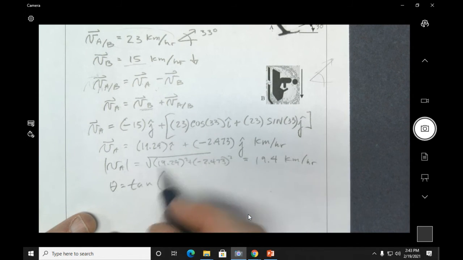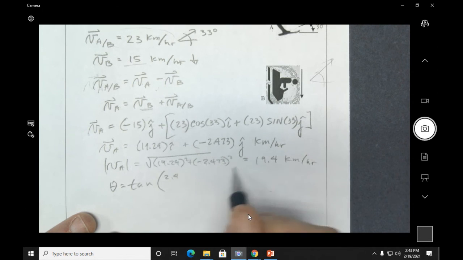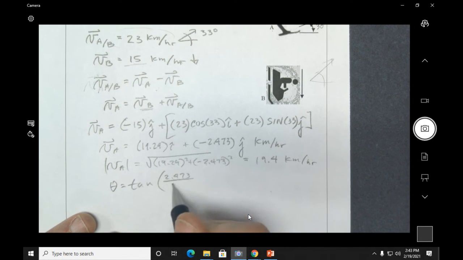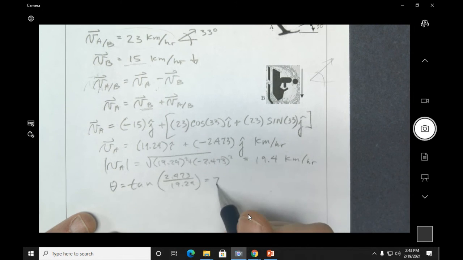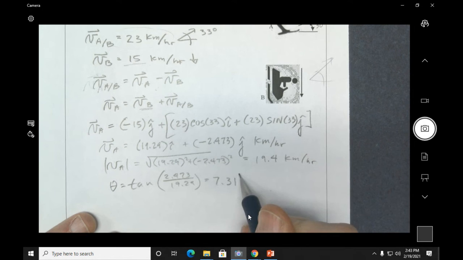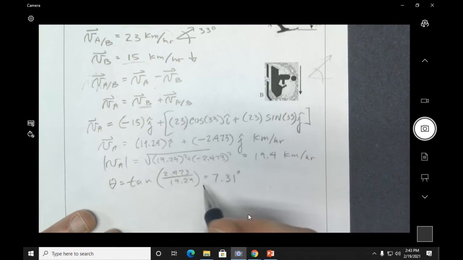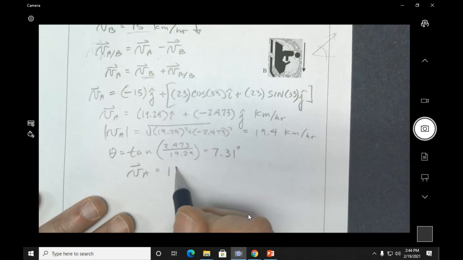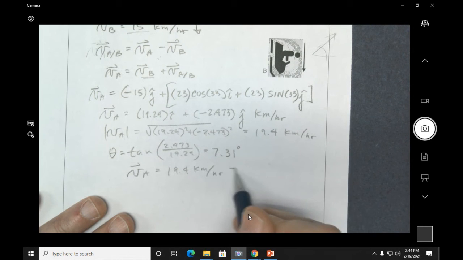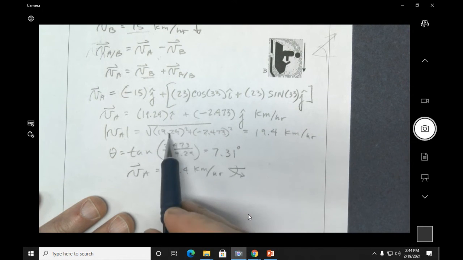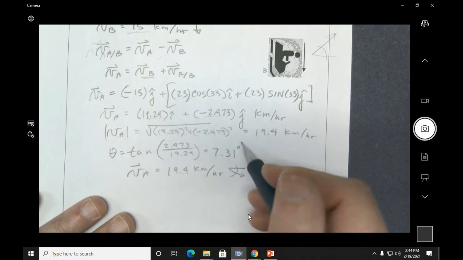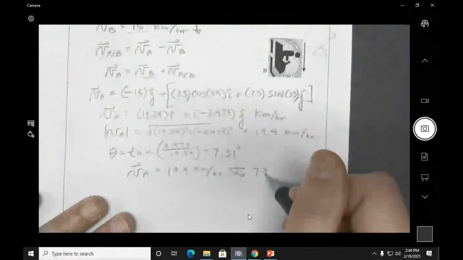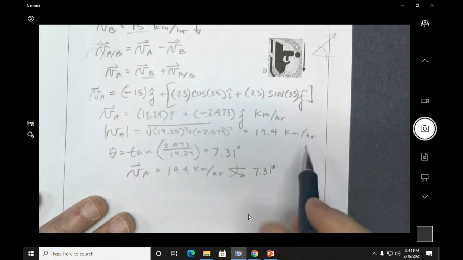I don't bother with the signs on this, I just happen to know which quadrant it's going to be in. I find that it's 7.31 degrees, so the velocity of A is going to be equal to 19.4 kilometers per hour, and it's coming this way right there, because it's positive x, negative y, so it must be that quadrant at 7.31 degrees.